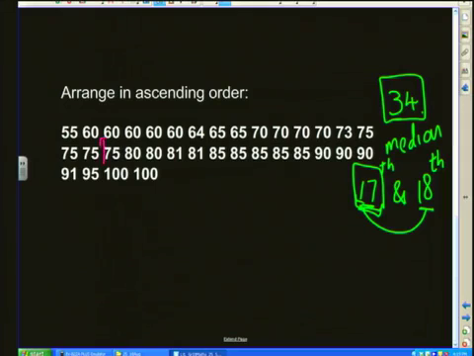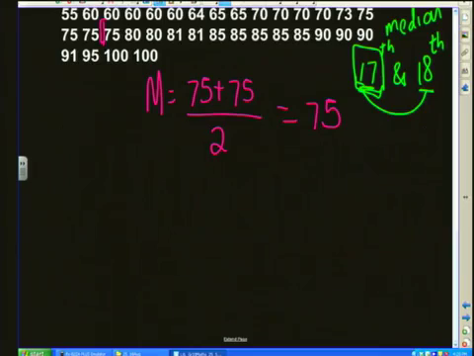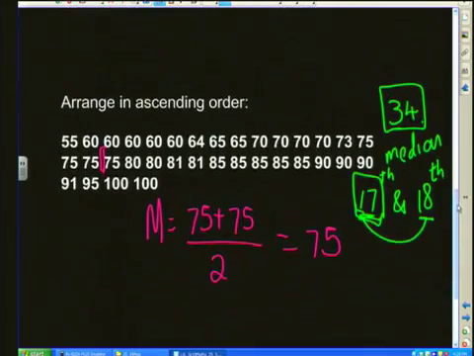To find the median when it's between two values, you find the average. So it's 75 plus 75, divided by 2, which is 150 divided by 2, which gives me 75. Therefore our median is 75, located between the 17th and 18th data points.